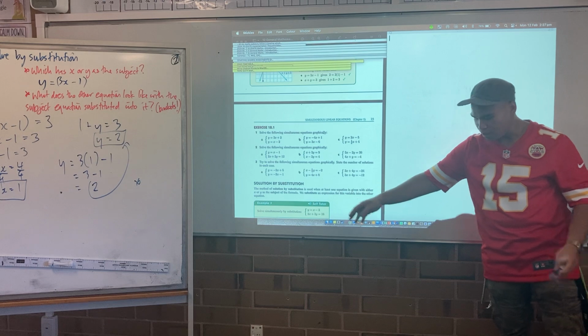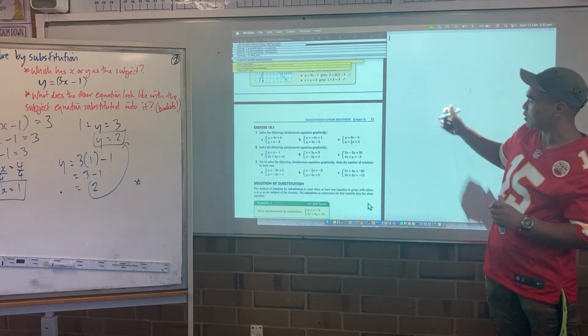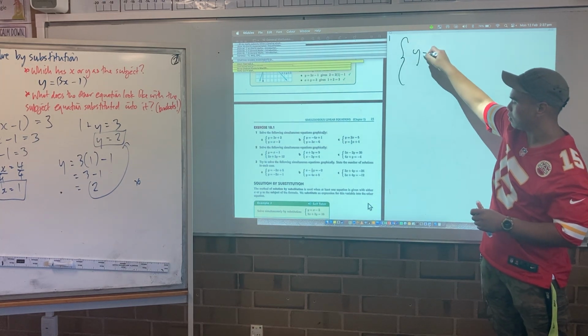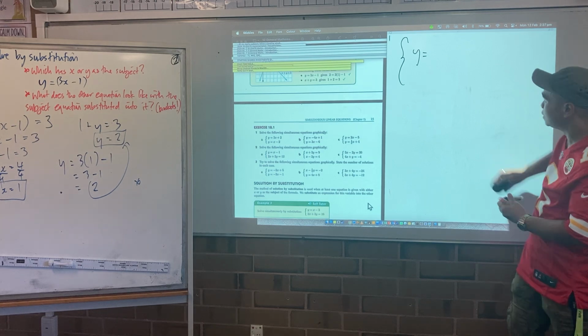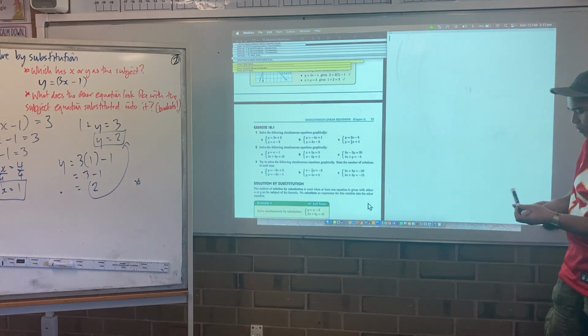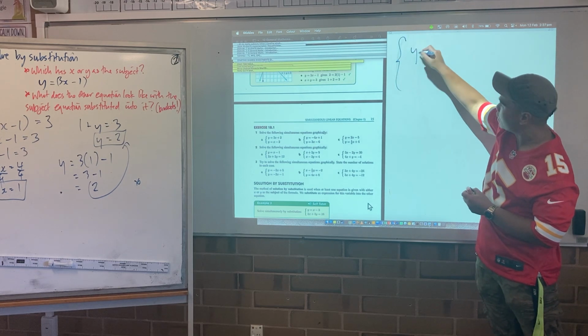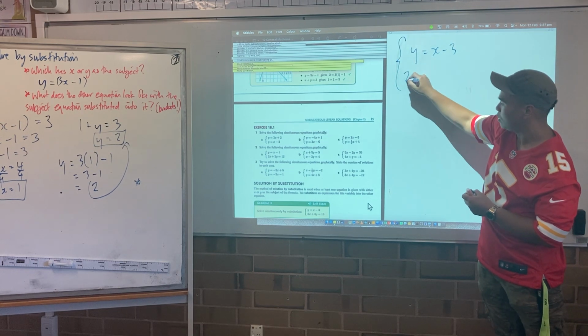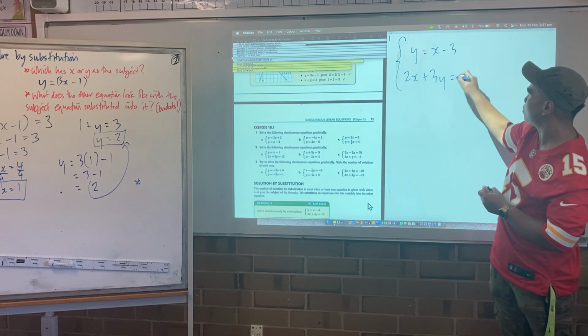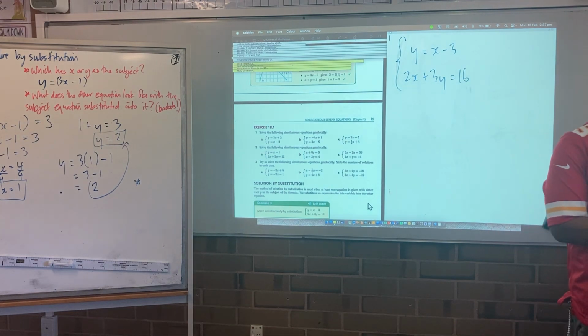Try answering it, see how you do. You don't have to get it right, we're practicing it. It's meant to be in blue, my bad. Simultaneous is shown by the brackets: y equals x take 3, 2x plus 3y equals 16. So this is slightly more complicated, but it's the same process.